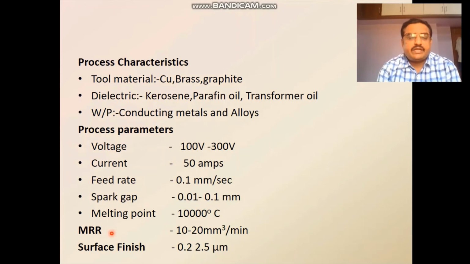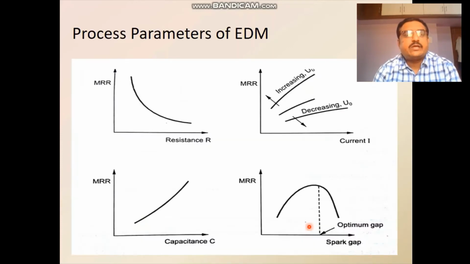Whereas the metal removal rate with this EDM process is 10 to 20 mm cube per minute, and the surface finish achieved is 0.2 to 2.5 micron. You can also observe the effect of process parameters on the MRR. As resistance increases, MRR decreases.